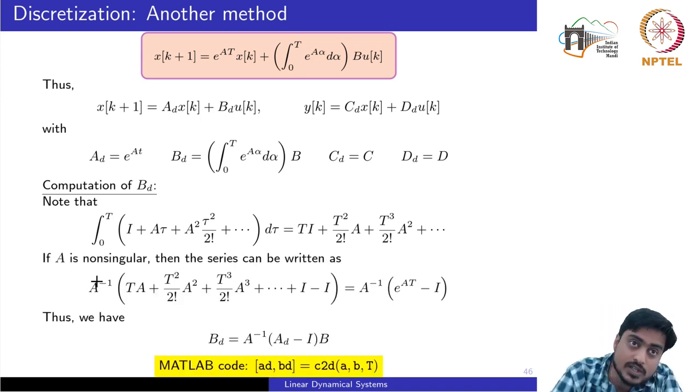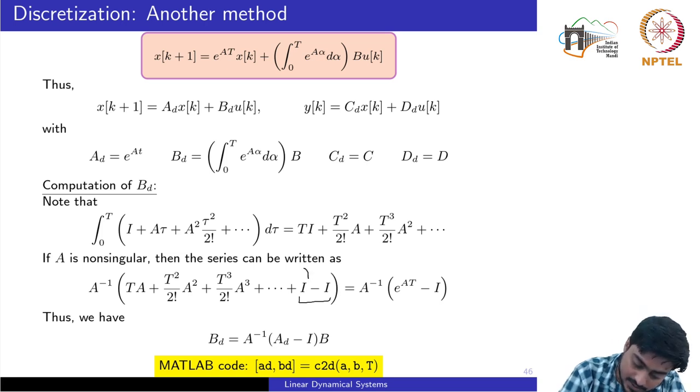Now, if a is non-singular, then this series can be written as I multiplied by this a inverse. Multiplying by this a inverse gives me this part. Since t is a scalar, I can commute. Then at the end, I do the addition and the subtraction of the identity matrix of appropriate dimension.